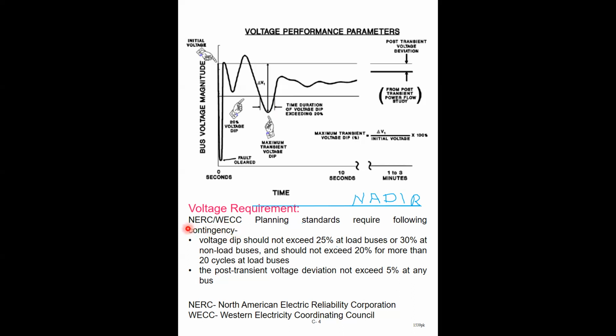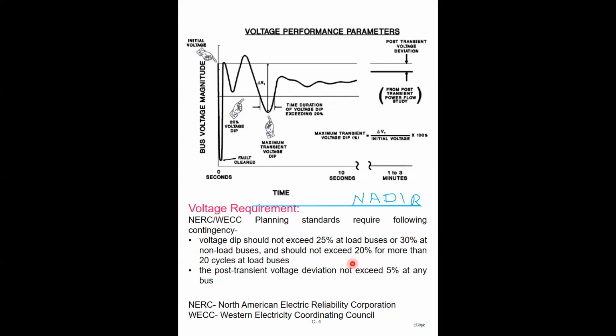Whatever the contingency that takes place, they have some standardization for the voltage requirement of the buses. They say that the voltage dip should not be more than this at the load buses, or for non-load buses, it should not be this much.